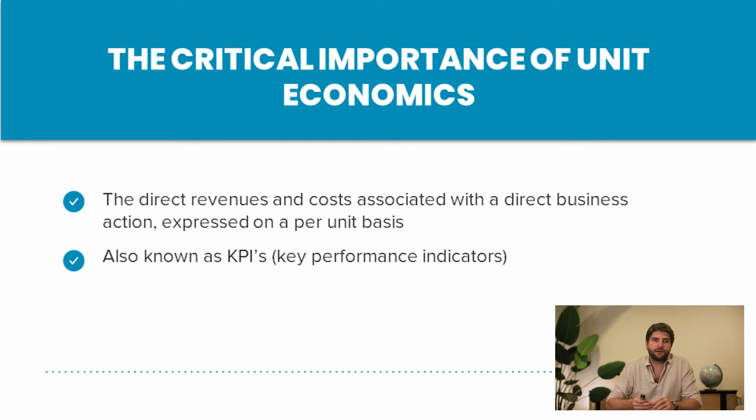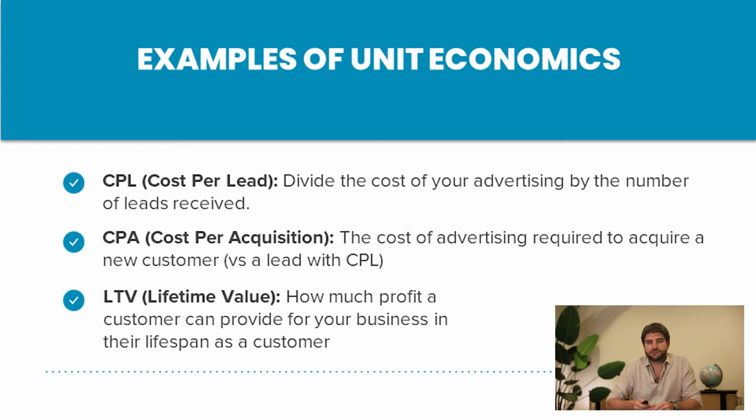You may have also heard of unit economics referred to as KPIs or key performance indicators. So here are some examples of KPIs or unit economics. Cost per lead: you calculate CPL by dividing the cost of your advertising by the number of leads received. That is the cost per lead.